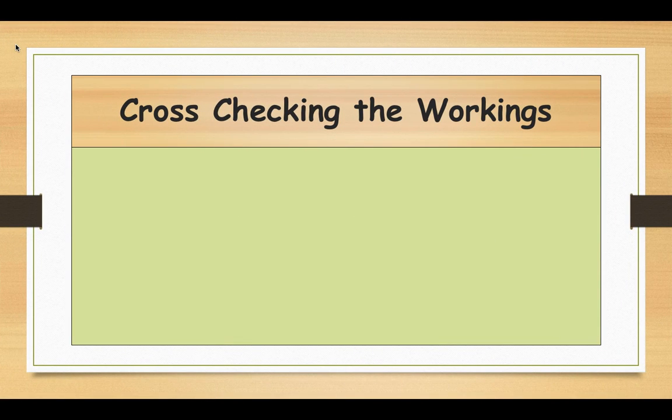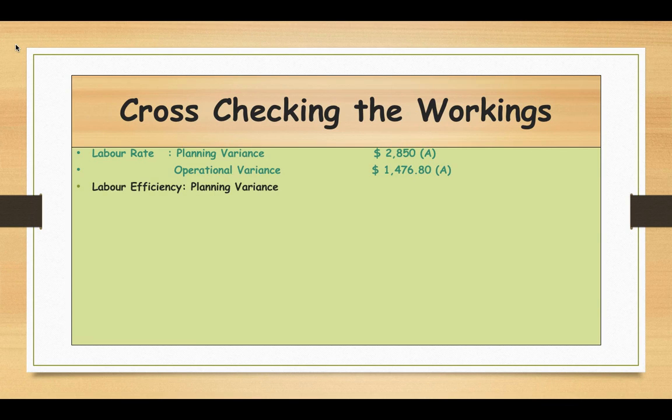Okay, like before, we are going to cross-check our workings under method 2. So I'm going to list all the 4 variances. So labor rate planning, labor rate operational, labor efficiency planning, and labor efficiency operational variances. So these are all the variances we have calculated, and the total variance according to our calculation is $26,428 favorable.